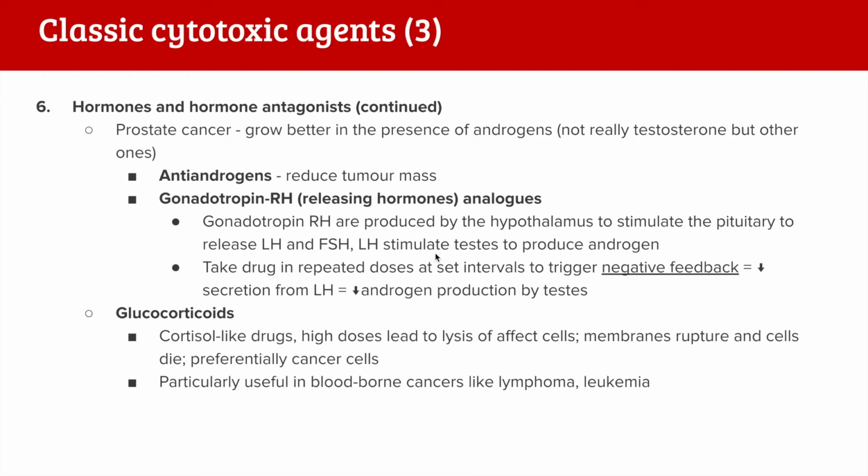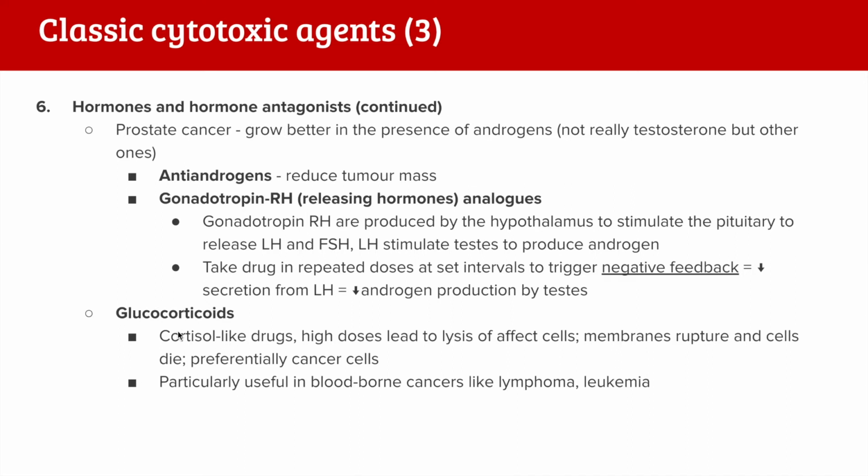LH stimulates the testes to produce androgen. When we take drugs in repeated doses at set intervals, we can trigger negative feedback in the body. So we lower the secretion of LH, and therefore we lower the release of androgen by the testes. And remember, androgen is what is needed for prostate cancers to grow.